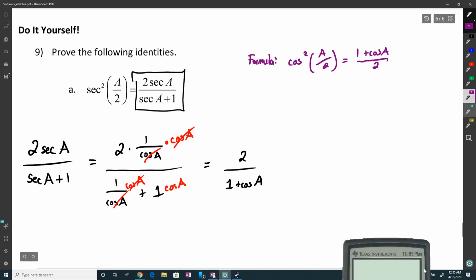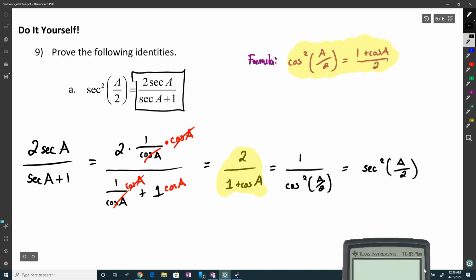So notice that this is very similar to this. It's just flipped. So that means this is going to be 1 over cosine squared a over 2 because it's the flipped version of it. And then 1 over cosine is, again, secant squared. And you get your answer. So that's the proof for that.